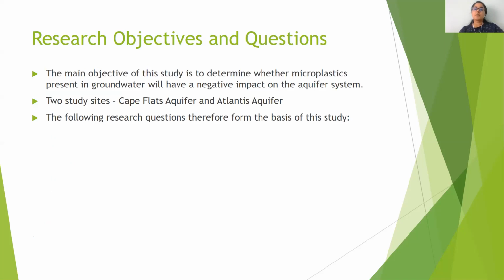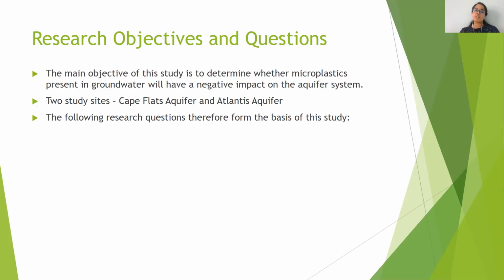We all know that the City of Cape Town is developing two managed aquifer recharge schemes. One is already developed, operating for almost 40 years now. The other one is the new one, which is your Atlantis managed aquifer recharge scheme. So the study will definitely benefit the city in understanding and determining whether there will be an impact, and then we know how to manage and control the problem.